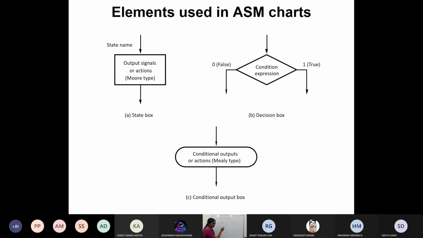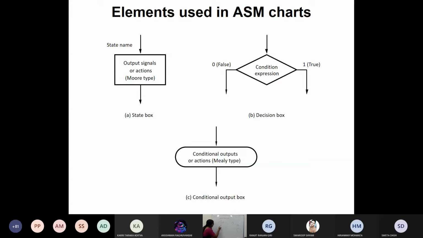This particular state is moving somewhere. I'm talking about a Mealy one. If it is moving, it is taking some input and giving some output and going to some state. Now, how to show this pictorially? I will take a decision.